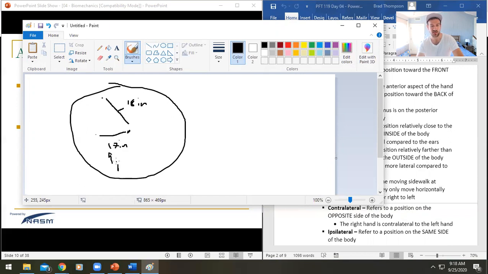This would be proximal, and this one would be distal. It's just whatever is closer to the midline, okay?